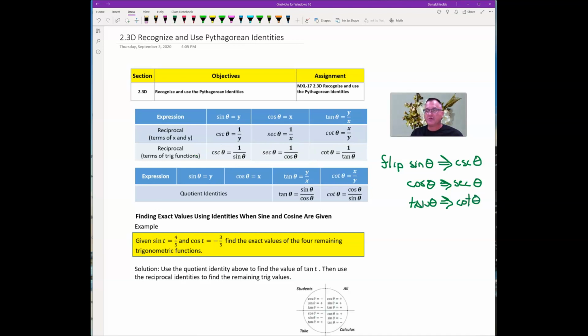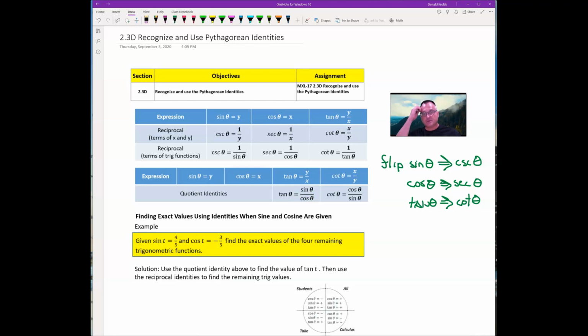Then the other identities that we learned about was another way to get tangent. We know tangent is y over x, but now since we know that y is the same as the sine, we can replace the y with the term sine, and we can replace the x with the term cosine. So if you know the sine and the cosine, you can use this to figure out the tangent.